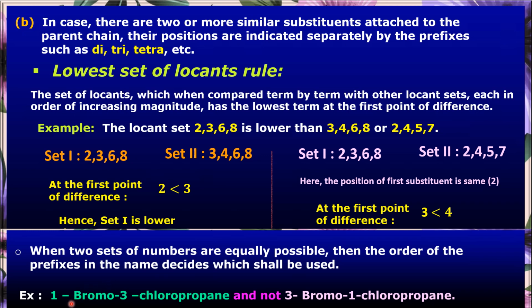That means the carbon atom to which bromine is attached should be given the first number. Next chlorine. Okay. So when two sets of numbers are equally possible, then alphabetical order will decide the lowest set of locants rule. Okay.